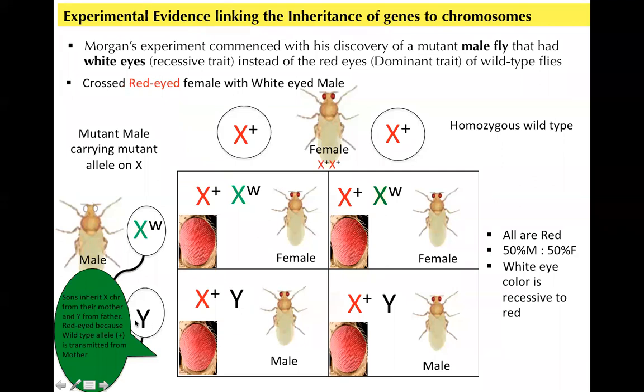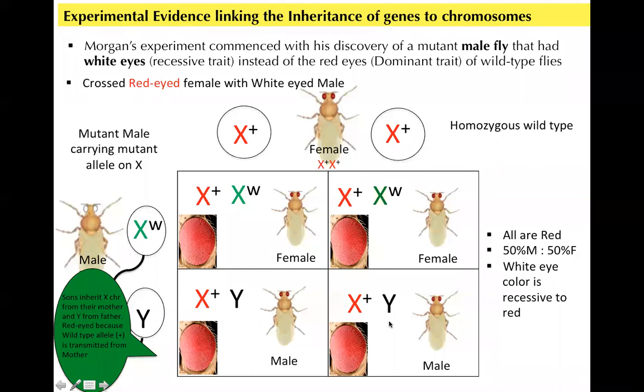Similarly, all these males are sons of these two parents. All these sons will inherit X chromosomes. Just keep track of this color: the red X chromosome was inherited from the female, that means the mother, whereas all the sons receive the Y chromosome from their father.